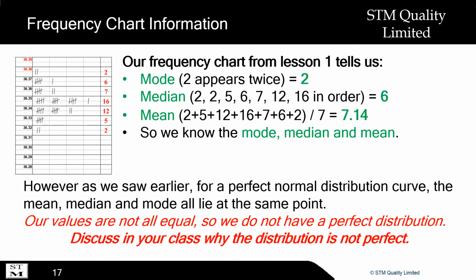So we know the mode, median and mean. However, as we saw earlier, for a perfect normal distribution curve, the mean, median and mode all lie at the same point. Our values are not all equal, so we do not have a perfect distribution. Discuss in your class why the distribution is not perfect.